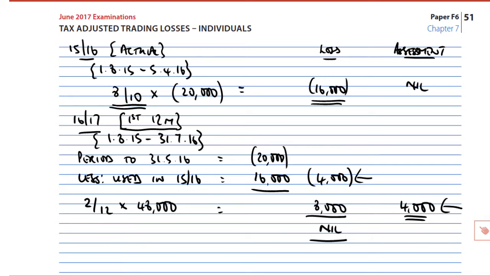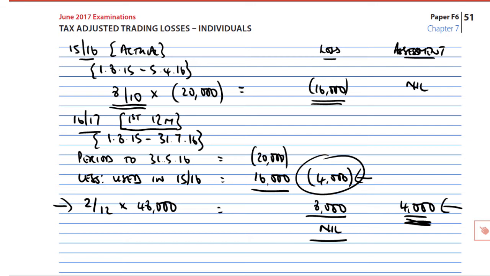If that opening 10-month period had been break-even, neither profit nor loss, then that 2 months' worth of profit, £8,000, would now have been assessed in this year. Well, we're not assessing 8,000, we're assessing £4,000. So that loss of 4,000, the remaining 4 of the opening period's loss of 20, is said to be used in aggregation, in deriving the net assessment for the year.